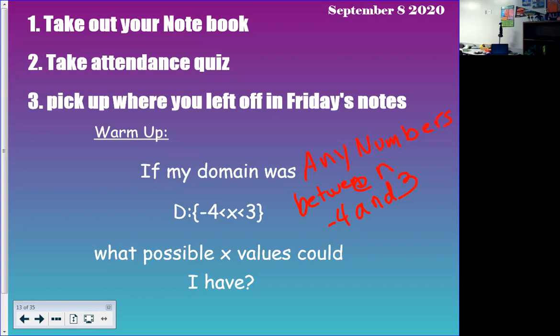So examples could be -3, I could have 2, I could have 1.5, I could have -1. Any number, any decimal, anything between -4 and 3 would be considered possible x values for my domain here. All right.